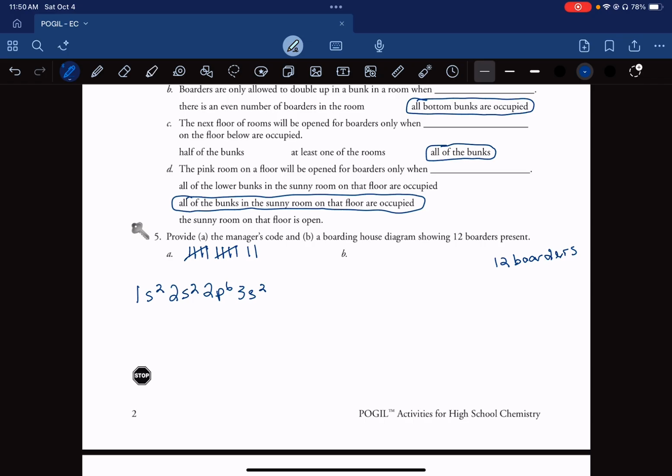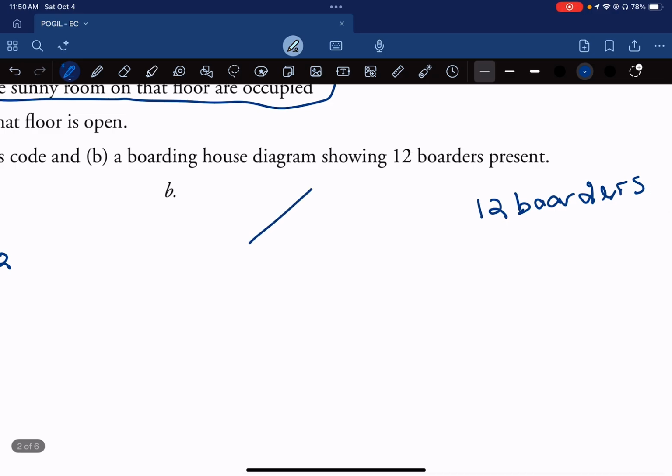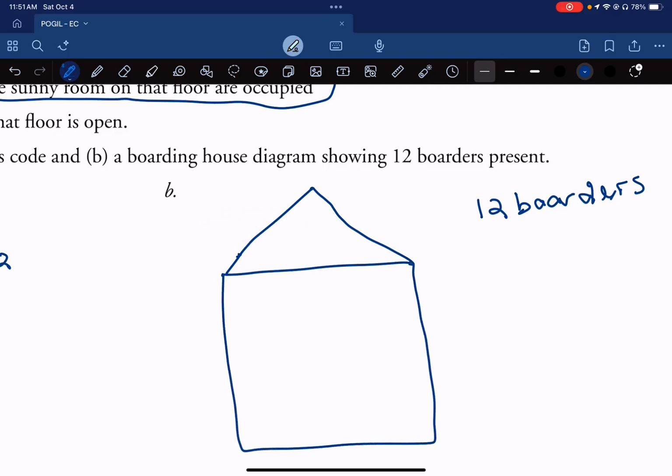Let's draw our boarding house. Okay, so we've got our roof here, and this is another thing that we did in class. We filled up our boarding house according to the rules that we came up with. And here we'll just do it like this.